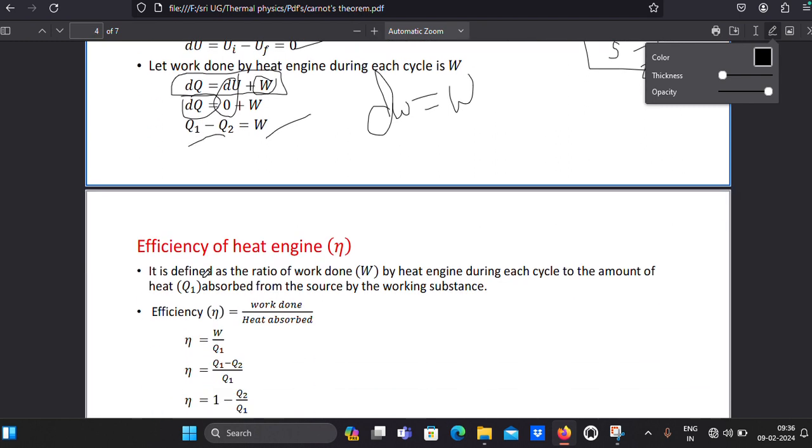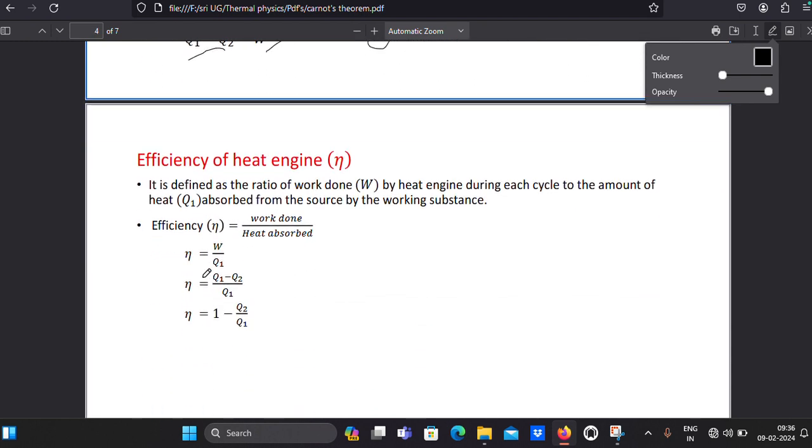Next, efficiency, it is important. It is defined as the ratio of work done, that is W, by the heat engine during each cycle to the amount of heat Q1 absorbed from the source by the working substance. Ratio of work done means W by the heat energy, during each cycle.